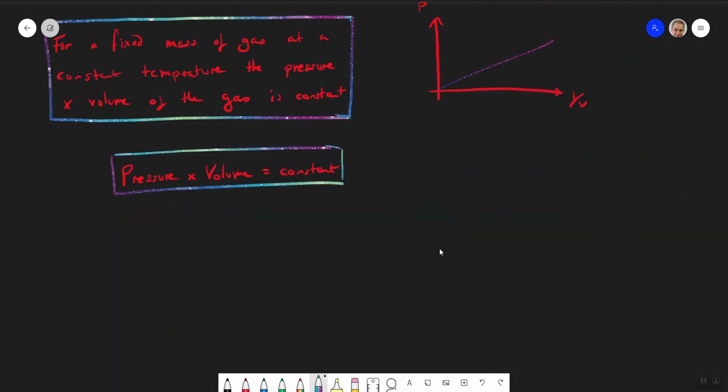Okay, so let's do an example. Let's think about how we might be able to use this to work something out.